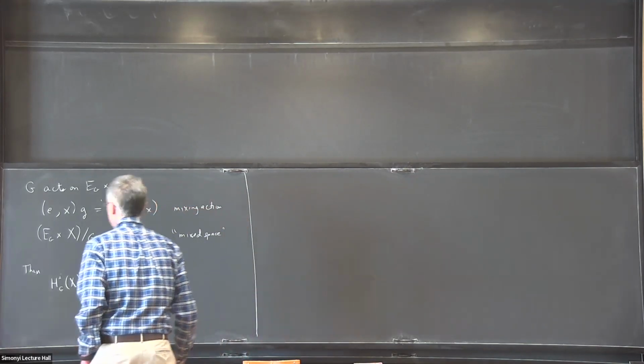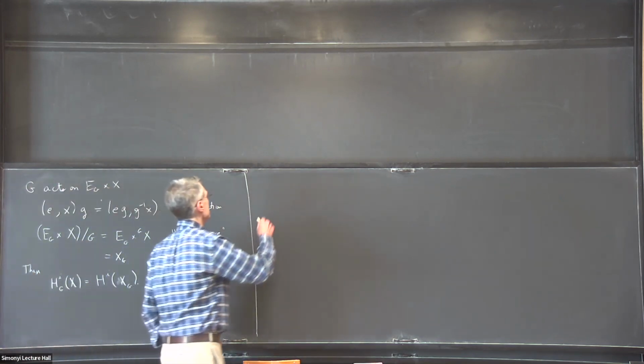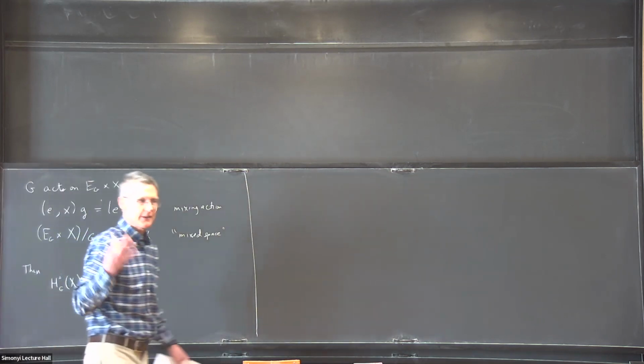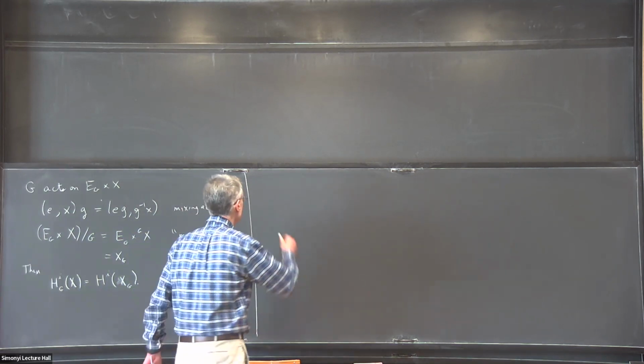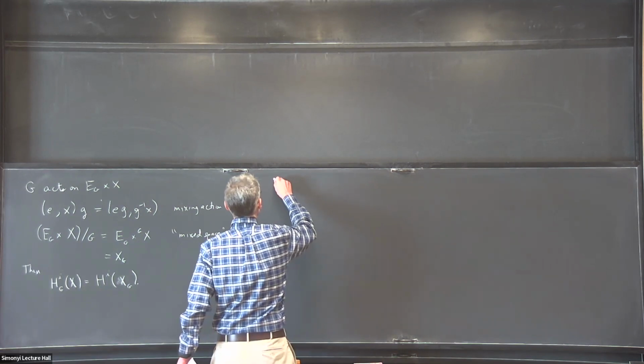Okay. Now there are some caveats one might make here. First of all, unfortunately, EG is not a finite dimensional space. So if we want to stay in the land of algebraic varieties, that's not so good.